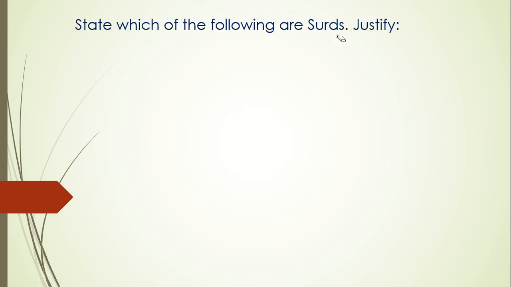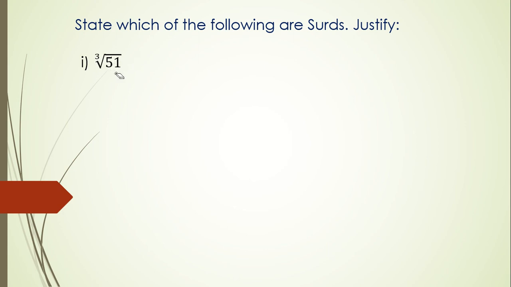State which of the following are surds and justify. Now for this you just have to verify those 3 things which I told you. If they are satisfied, then it is a surd, and you are told to justify, which means you also have to give a reason why it is a surd or why it is not a surd. So here this is going to be a surd. This is a natural number. This is a positive rational number.